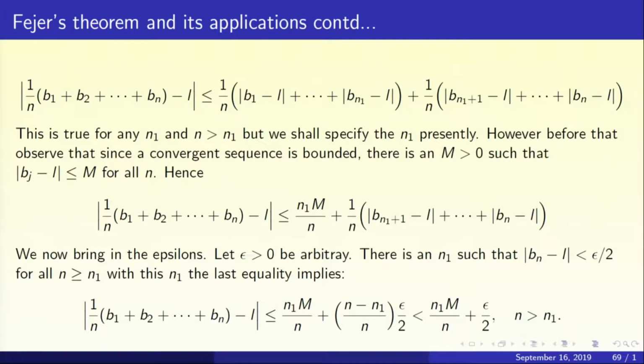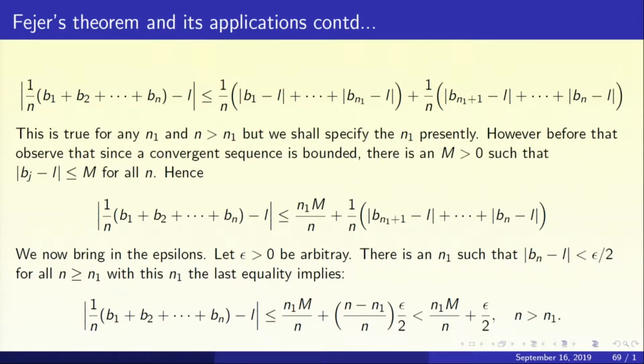Namely, I take the first n1 terms and the last n minus n1 terms, and I group them into two pieces. Now this is true for any n1. What is going to be my n1? I shall presently specify what the n1 is going to be, but this inequality displayed in the slide is true for any n bigger than n1.